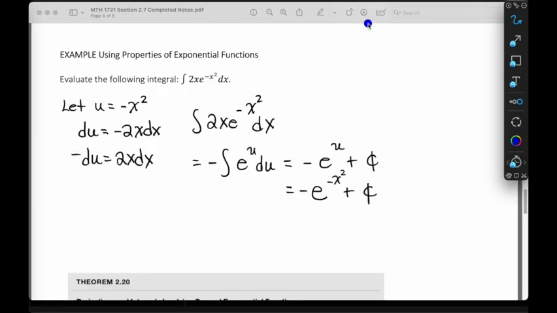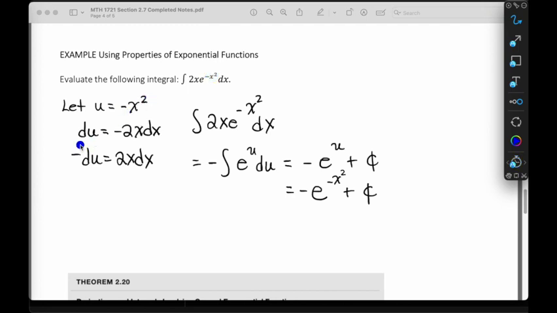Let's go through the last few examples of integration and derivatives of exponential functions and log functions. So in this example, I have the integral of 2x e to the negative x squared dx. I want to rewrite this so that I have e to the u because I know how to integrate that. So I'm going to rewrite and let u be equal to negative x squared.